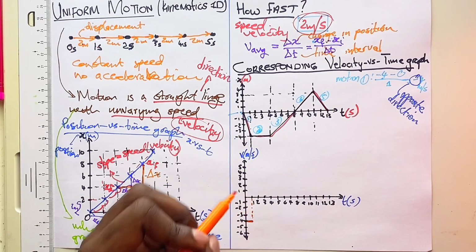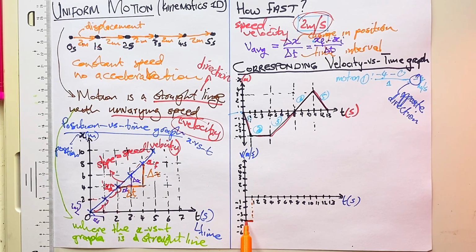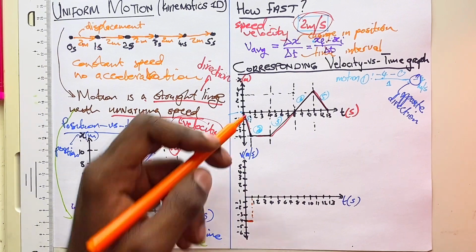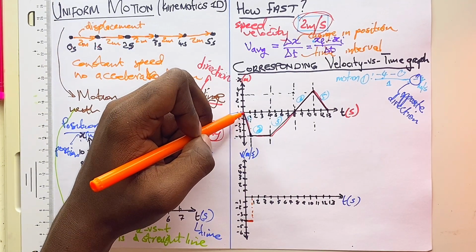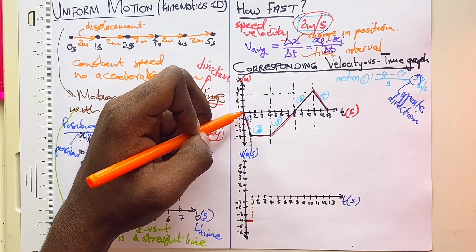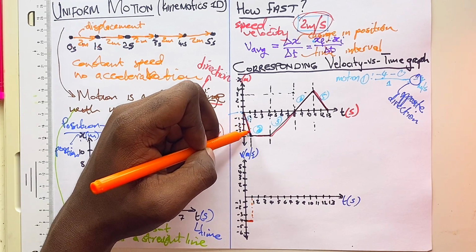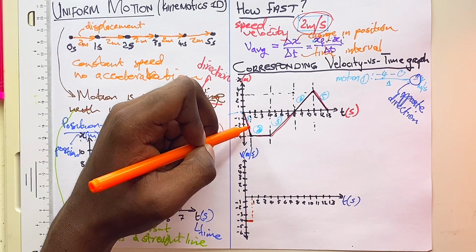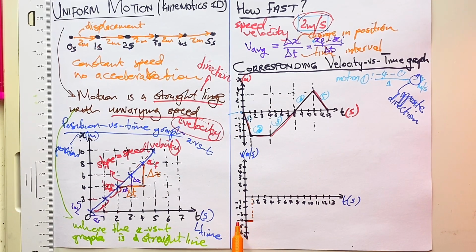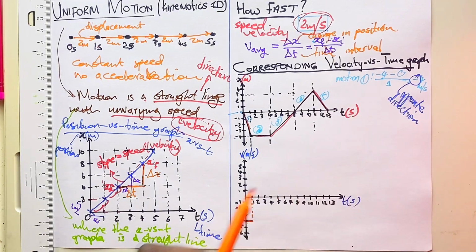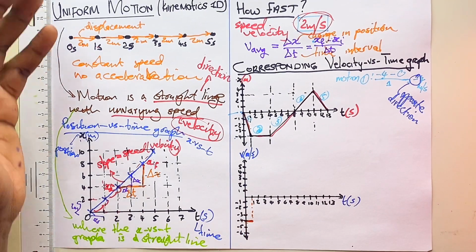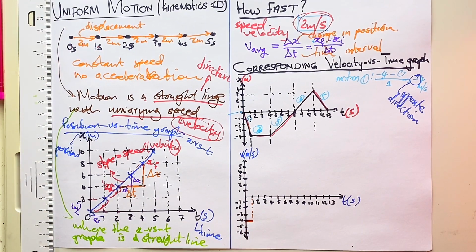Therefore you will see that your velocity versus time graph will be a horizontal line, because the position versus time graph is a straight line. So the speed is constant throughout the entirety of this line. Therefore we'll only have a constant negative 4 meters per second, which is uniform motion.